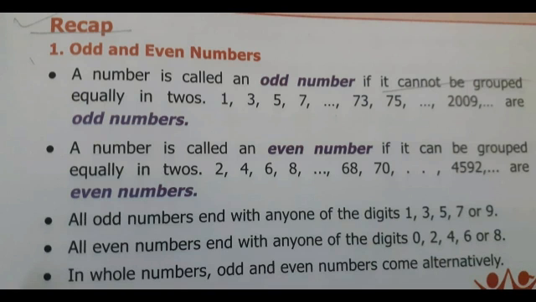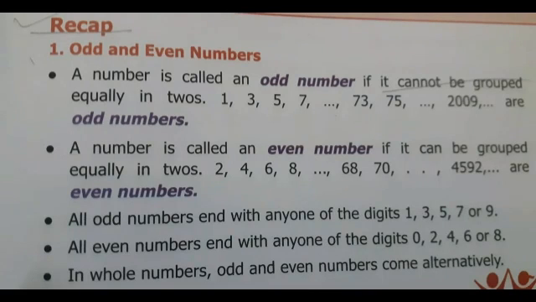You all know odd and even numbers very well. An odd number ends with the digits 1, 3, 5, 7 or 9, or simply, it cannot be grouped equally in twos.